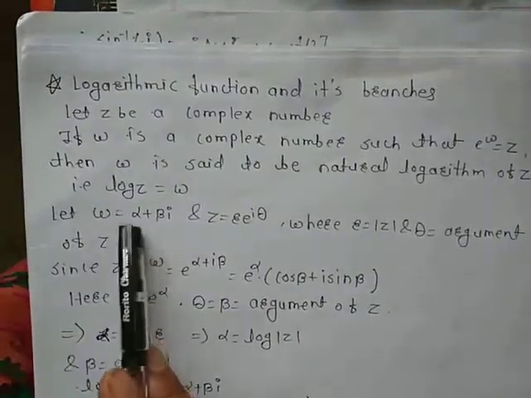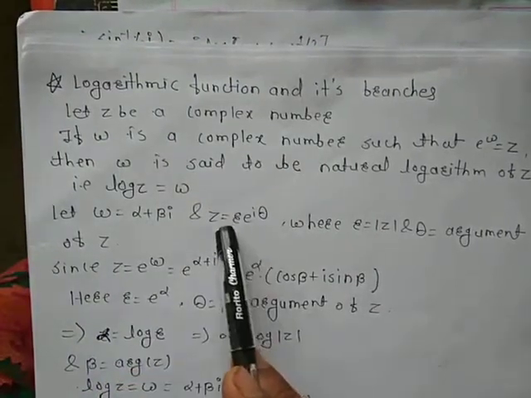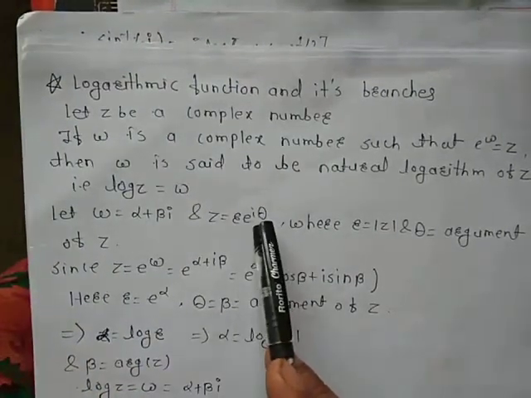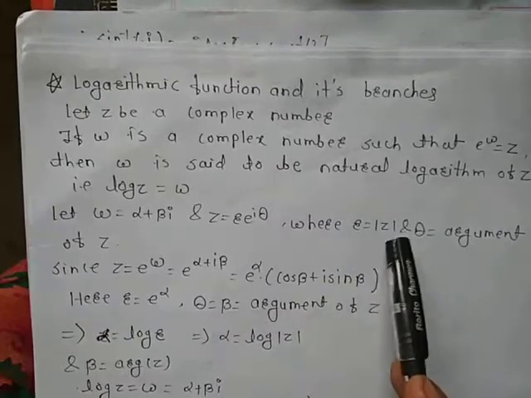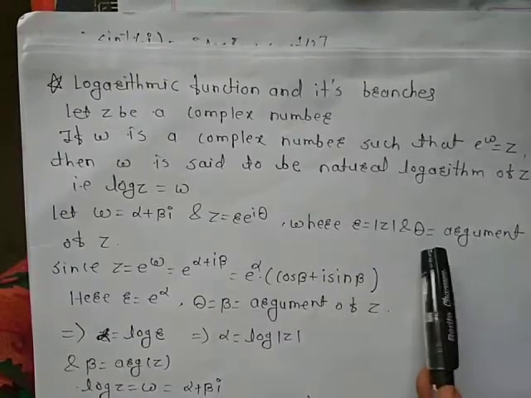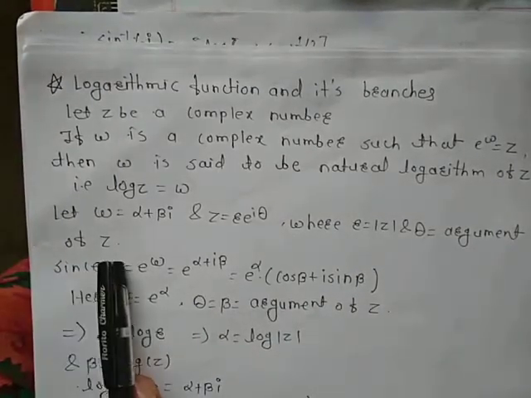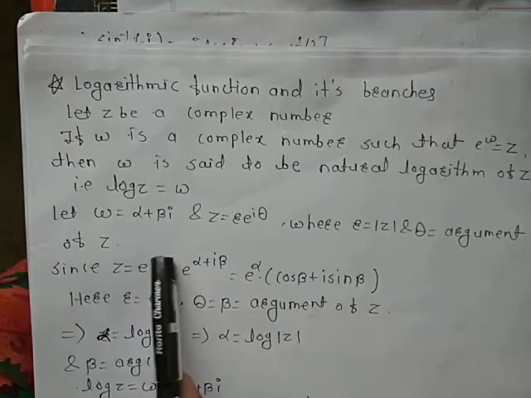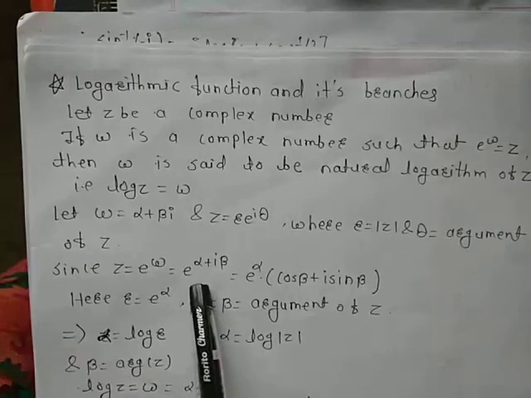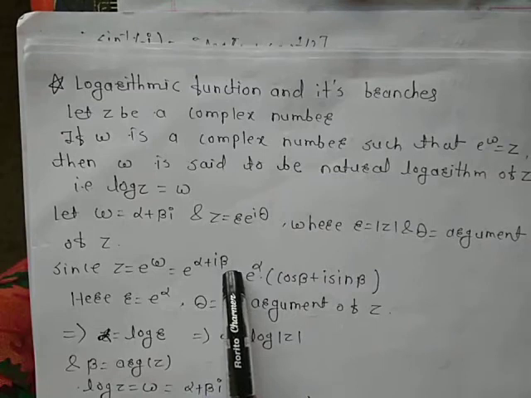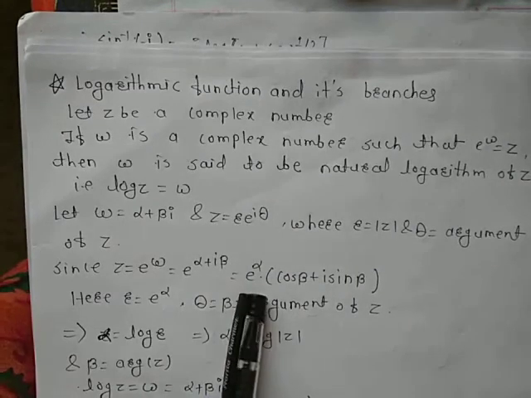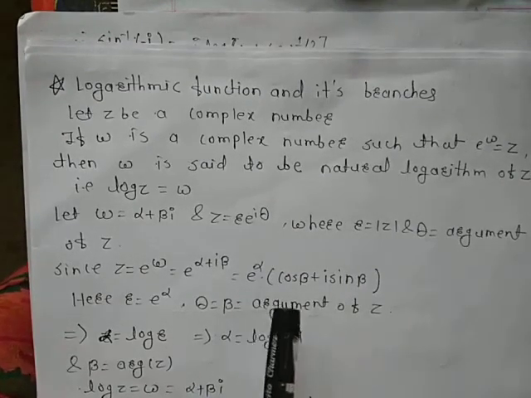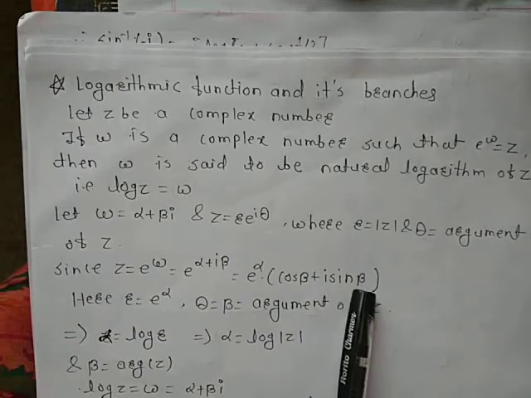Let omega be equal to alpha plus i beta and z be equal to r e raised to i theta, where r is the modulus of z and theta is the argument of z. Since z is equal to e raised to omega, which is e raised to alpha plus i beta, this can be written as e raised to alpha into cos beta plus i sin beta.